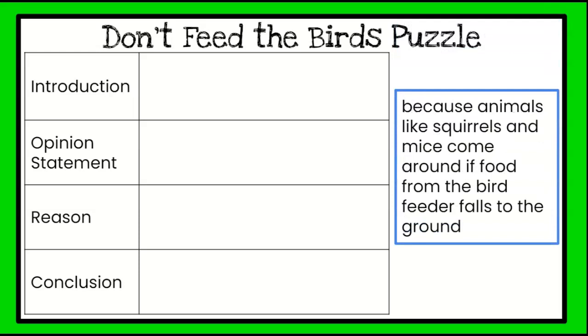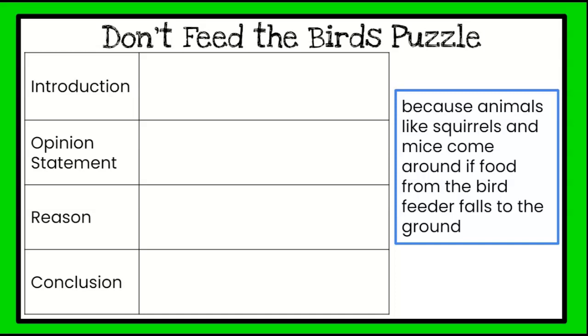Because animals like squirrels and mice come around if food from the bird feeder falls on the ground. Do you think that's the introduction, opinion statement, reason, or conclusion? Well, the introduction is going to tell us what the topic's about, and the opinion statement is going to tell me what they think.